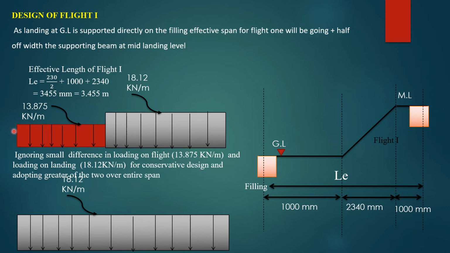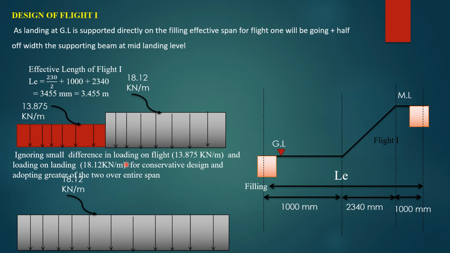So we already know about that. This one is the flight and this one is the landing. For the flight, the total design load is 13.875 kilonewton per meter, and for the landing, it is 18.12 kilonewton per meter. There is a small difference in the loading on flight and on the landing. So for better design or for simplicity, we can adopt the greater value of the two.